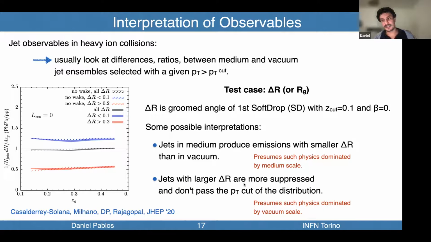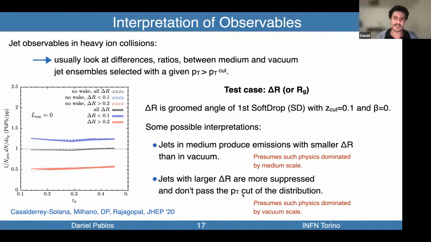And this presumes that the physics governing this observable with these cuts and these samples is dominated by the vacuum scale. So as I already hinted in this model, and as I will try to argue also in real life, this is the appropriate interpretation.